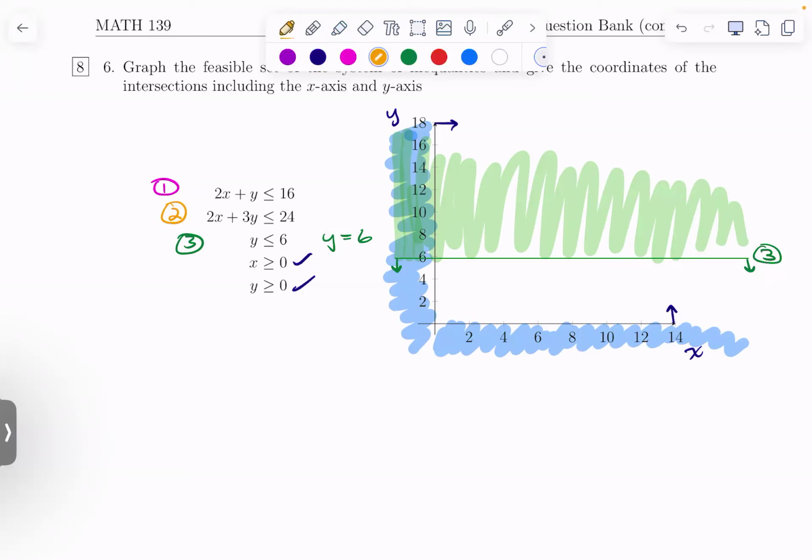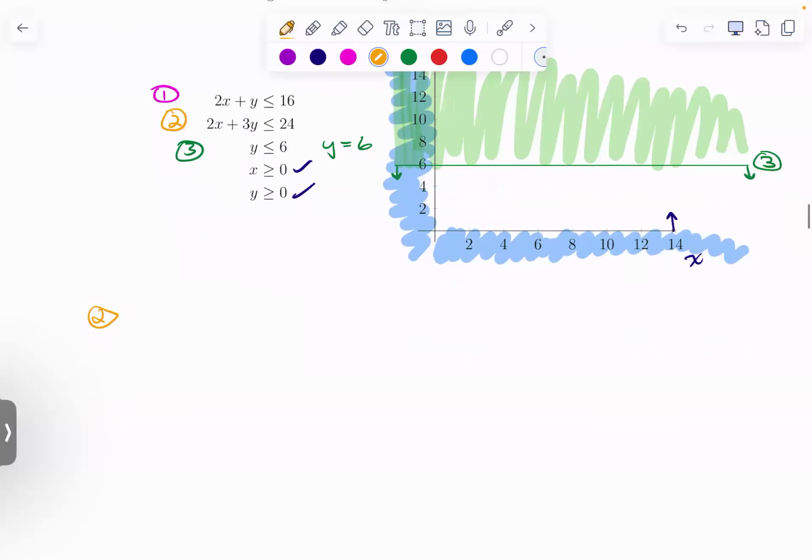Let's work on line 2. Line 2 is going to require a little bit more work, but that's okay. Or should I do 1? 1. 2x plus y is less than or equal to 16.